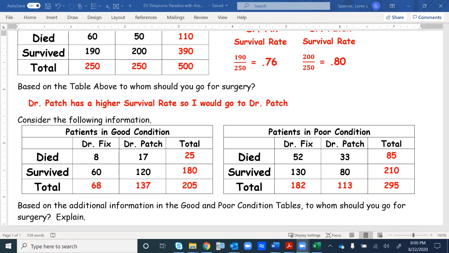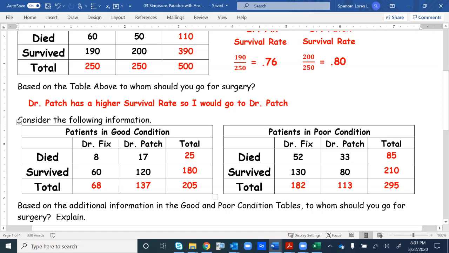Dr. Patch's shape was 137 were in good condition and 113 were in bad condition. Now, please note, if I add the 137 to 113, I get the 250 that's right there. And if I combine the 68 and the 182, I get the 250.